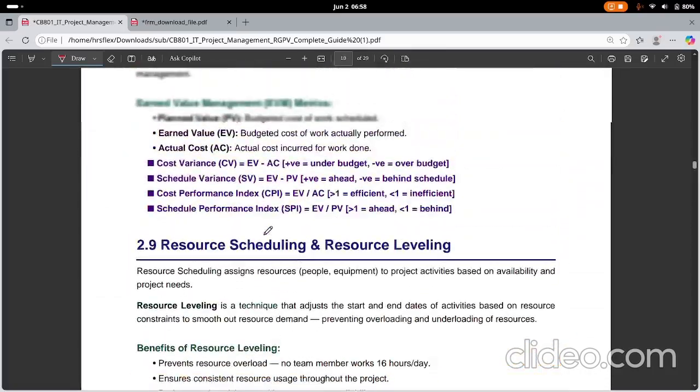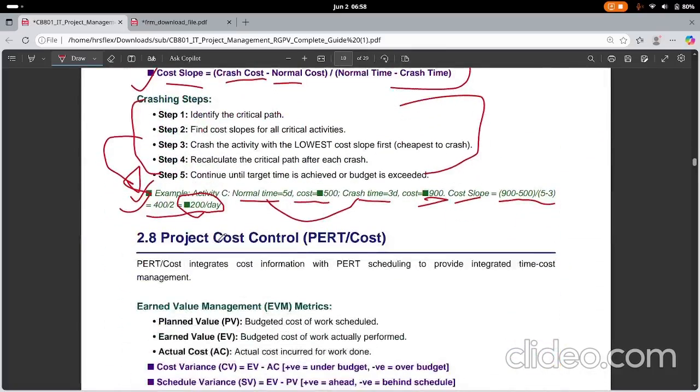Next is project cost control. PERT integrates cost information with PERT scheduling to provide integrated time and cost management. Now we studied scheduling, but now we are going to study how we manage cost control in it.